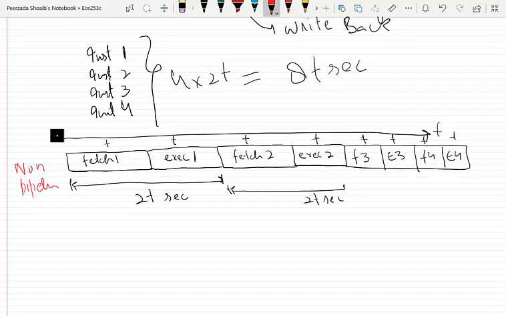In pipelining, what is the idea? We can overlap these steps. When the first instruction has been fetched, it's being executed. When it is being executed, we can start fetching the second instruction. We can have something like this.